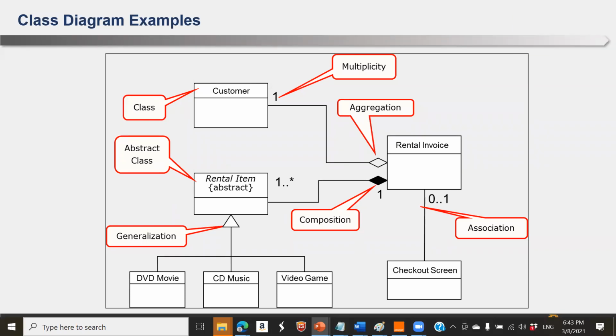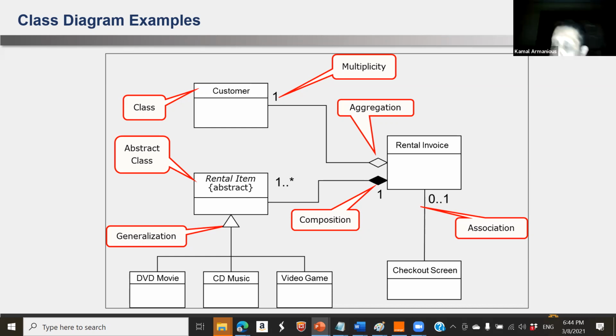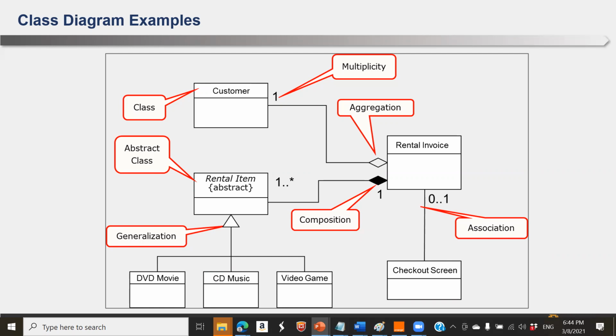But shouldn't students be sort of a composition too? It can't be a composition, but it can be an aggregation as well, because you are part of a university. Yeah, but how would the university be without students?